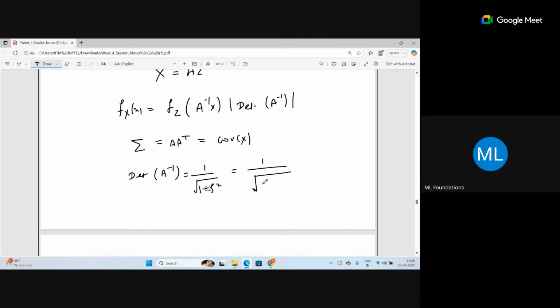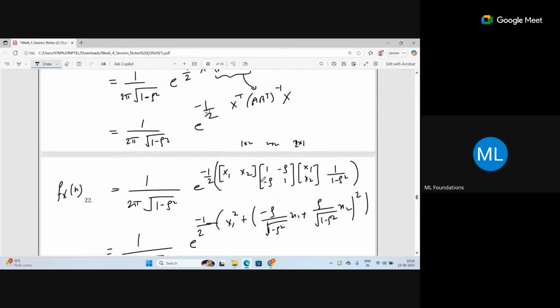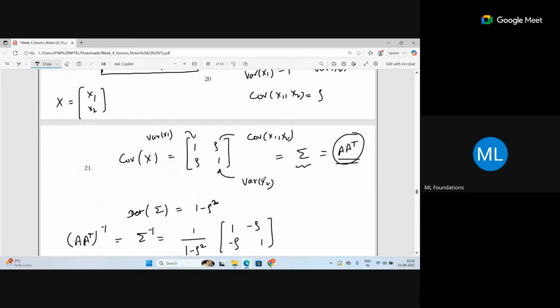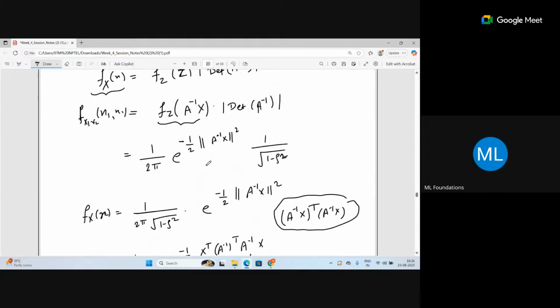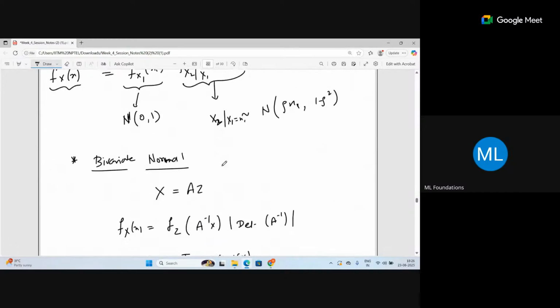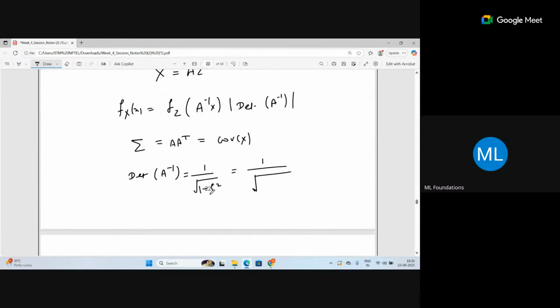I will show you that part also, where we have found out the determinant of sigma. So if I wanted to find the determinant of A inverse, it is 1 upon root of 1 minus rho square. So I can put, instead of 1 upon root of 1 minus rho square, the determinant of the covariance matrix.